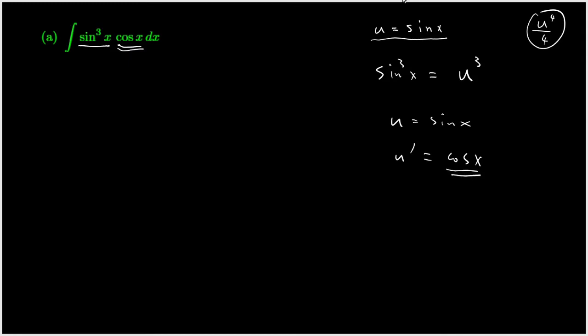Now I'm going to repeat the two things you need to check. The key is how to choose u. You need to check whether it is possible to choose u to be a function of x, in this case sine of x, satisfying two conditions.